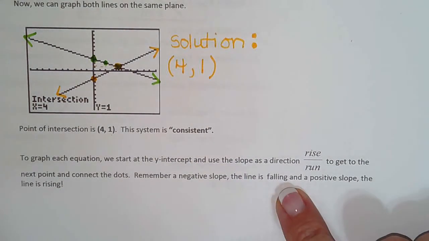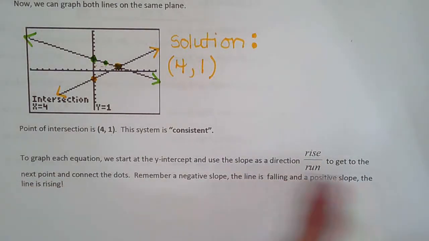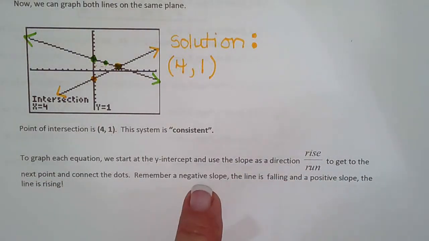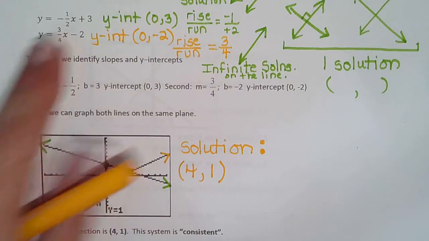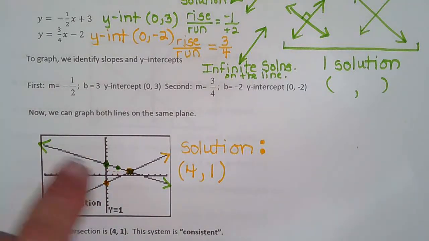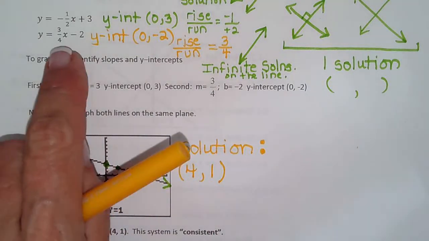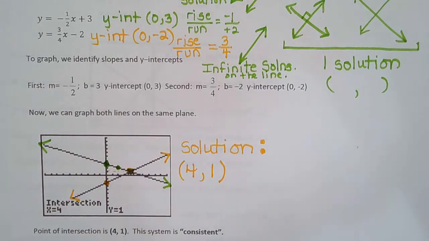Yes, we already did this. So to graph each, we start with the y-intercept, use the rise over run. Remember a negative slope. So this one had a negative slope. So notice the green line is falling. The second one had a positive slope, the yellow one, and notice that line is rising.